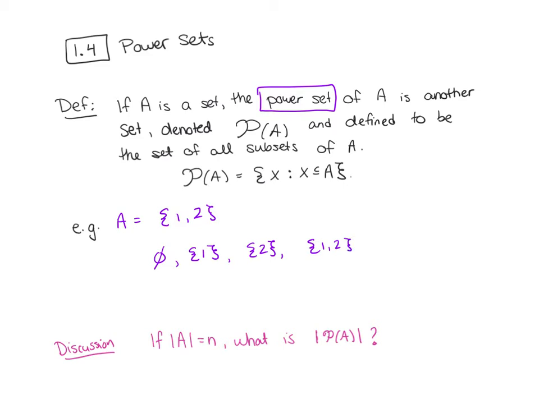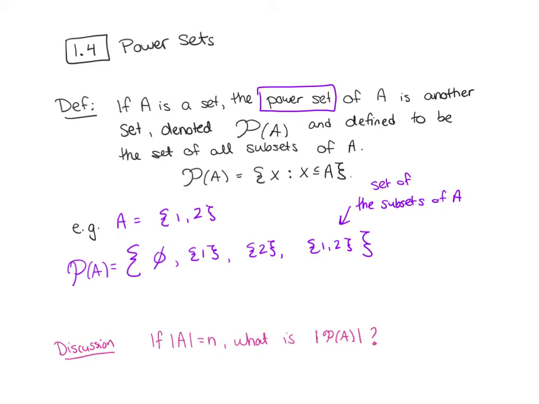So these are all of the subsets of A. And then I'm going to stick them all in curly braces. So then I have the set of all the subsets of A. And that's equal to the power set of A.